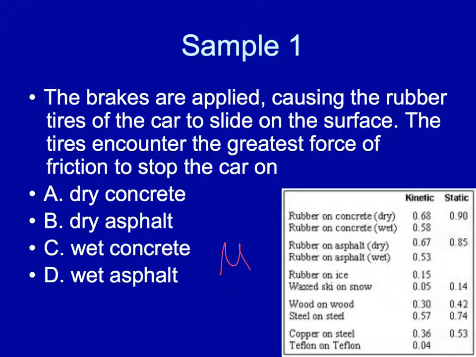And again, we're talking about something that's already moving, so we're talking about kinetic friction as it slides. So we're going to look for the highest mu, and dry concrete is going to give you the greatest amount of friction. That's the reason you slow down when it's raining. Slow down if it's raining. Just remember that. Physics makes you.